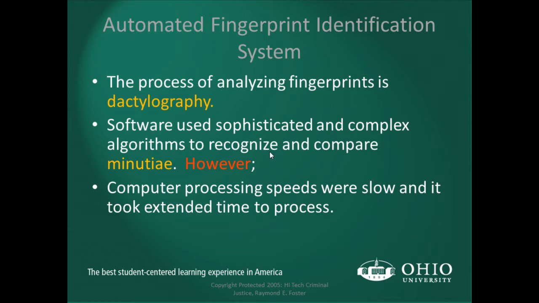The computer process speeds things up, but you have to understand the evolution of computer technology. Back then it still sped up the process, but it wasn't as fast or as responsive as the systems are today.